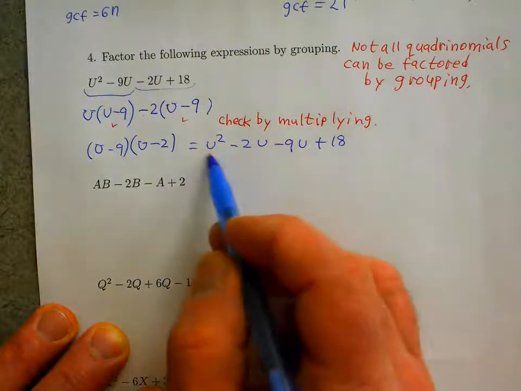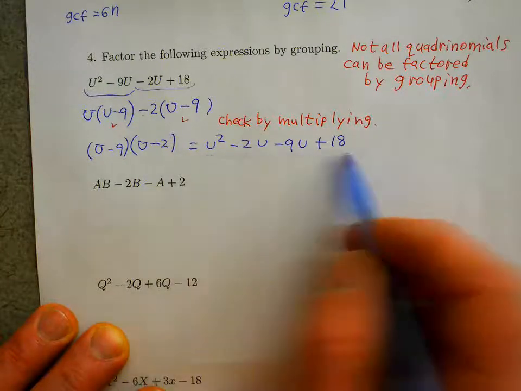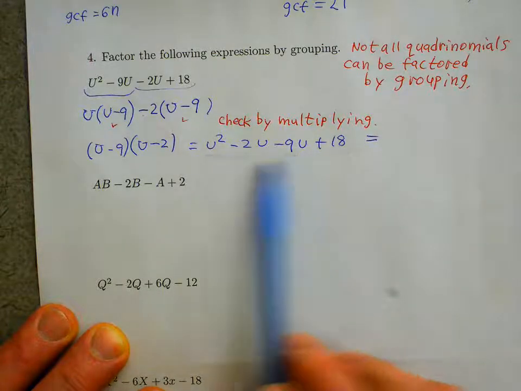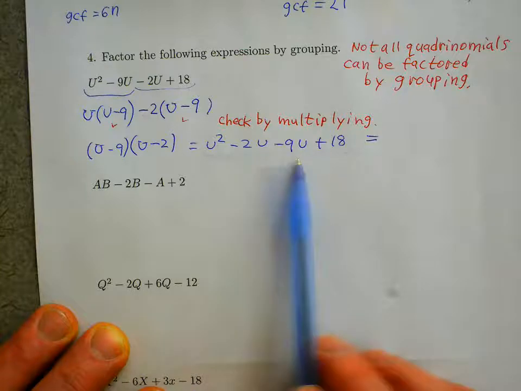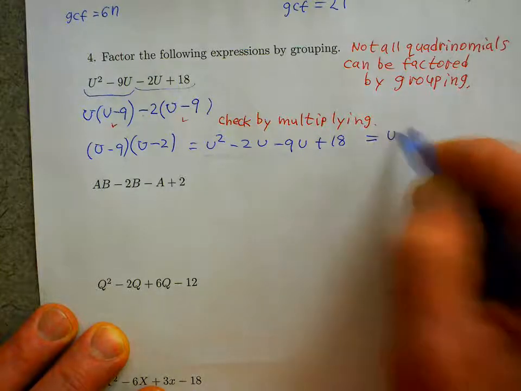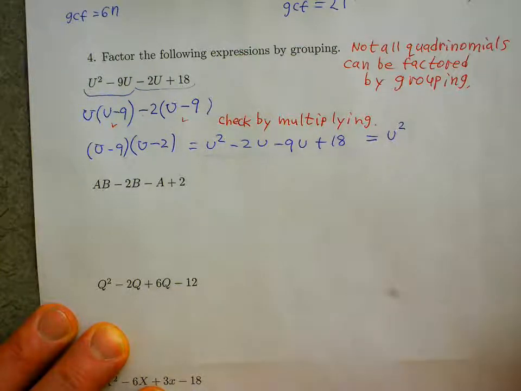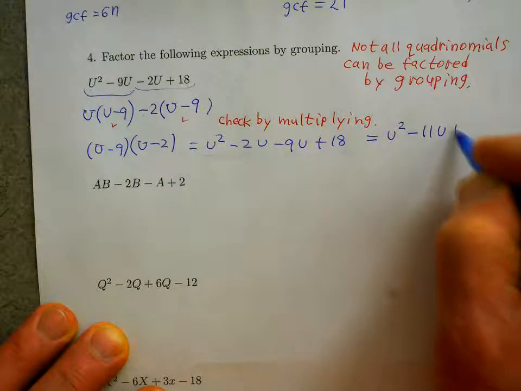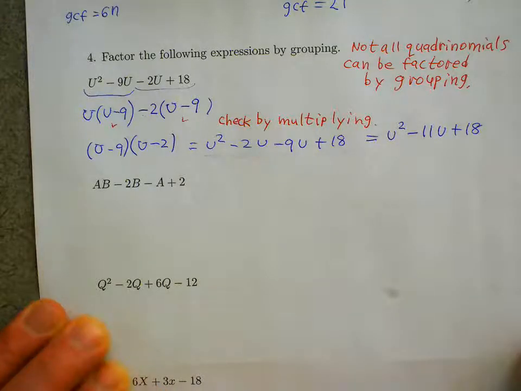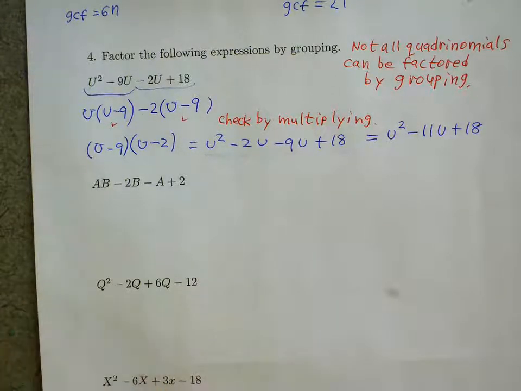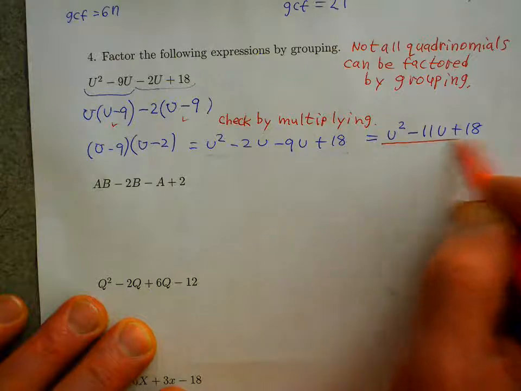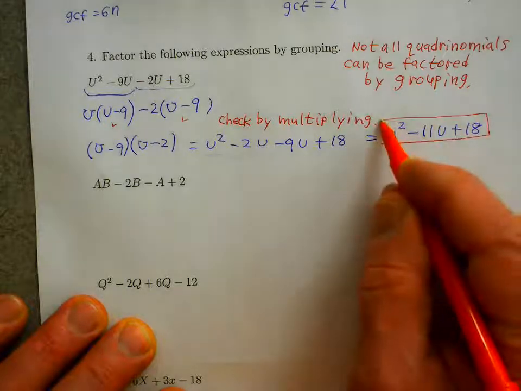Incidentally, though, note that this quadrinomial can be simplified to a trinomial because the two middle terms are like terms. So we could write this as the trinomial u to the second minus 11u plus 18. So what we're leading up to is factoring trinomials, which we'll talk about tomorrow.